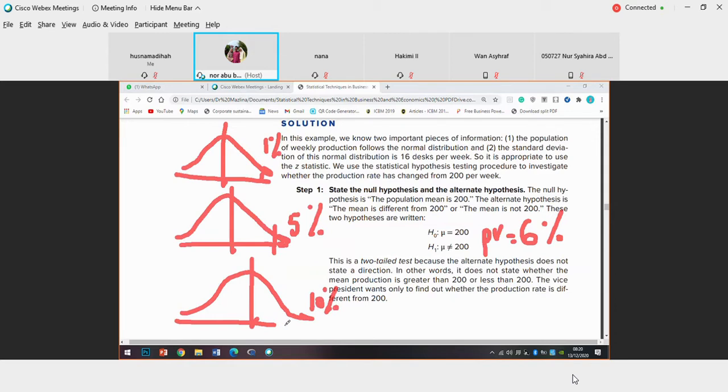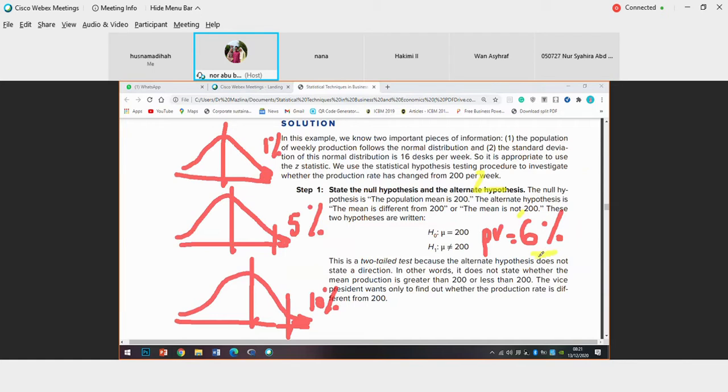Okay, so 10% besar sikit lah area dia. Kalau awak tahu benda tu 6%, awak rasa nilai ni duduk dalam rejection region ke ataupun non-rejection region? Yang nilai 1 point something yang awak dapat daripada Z tu.